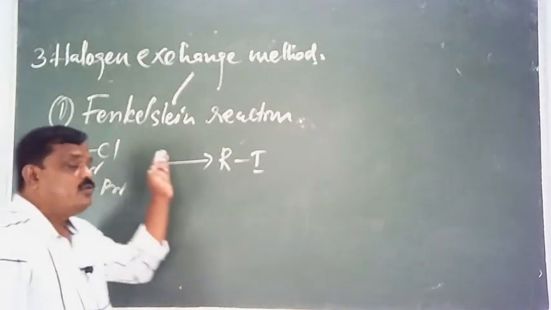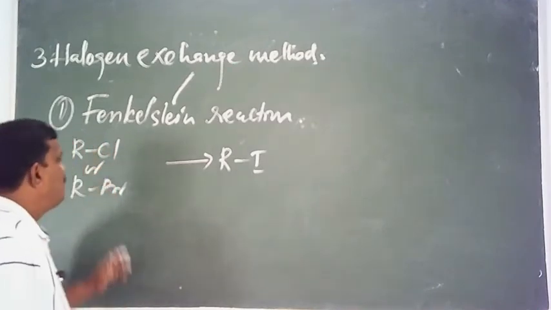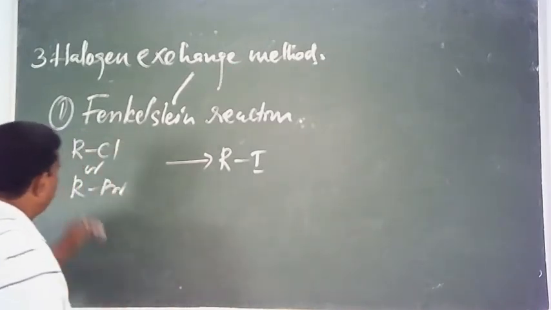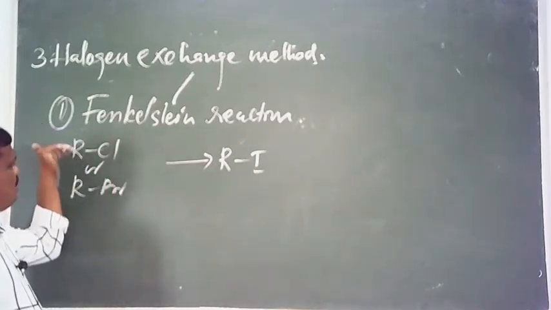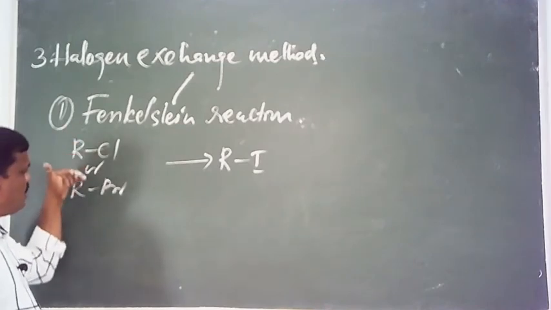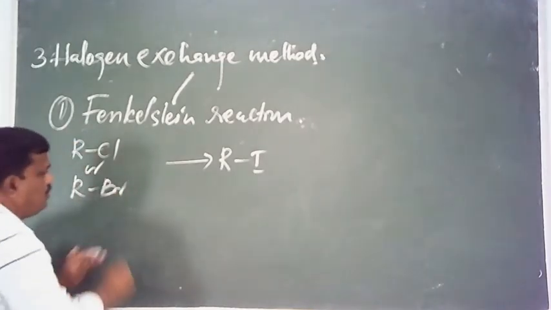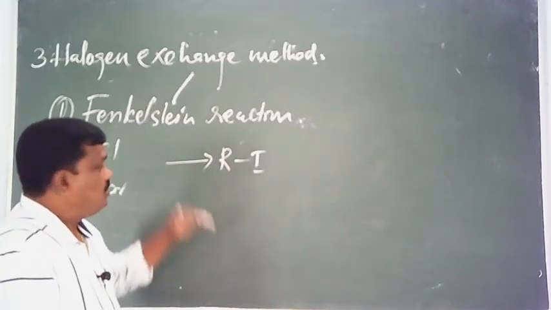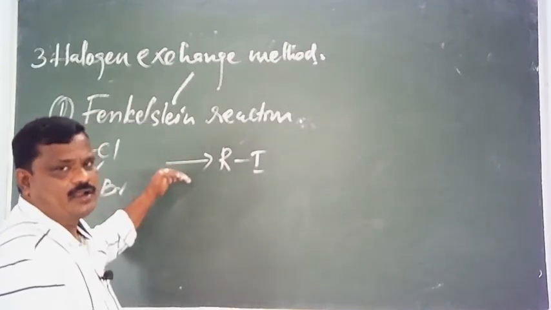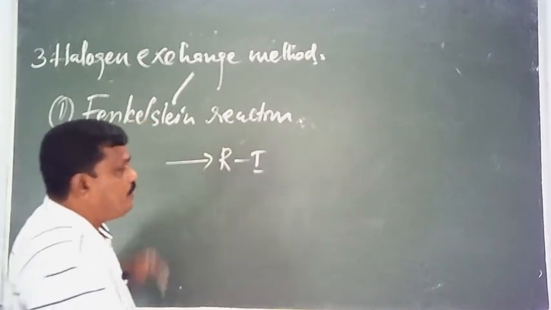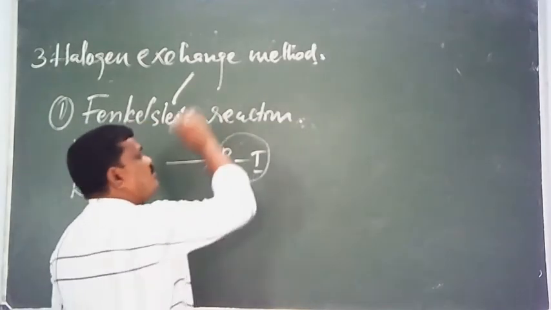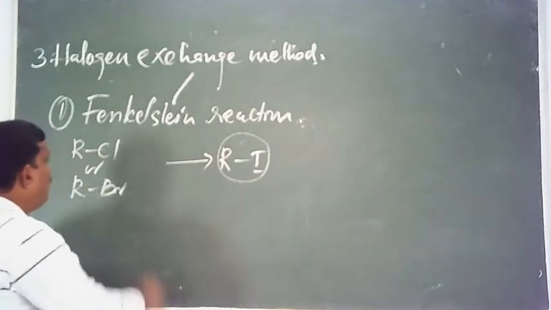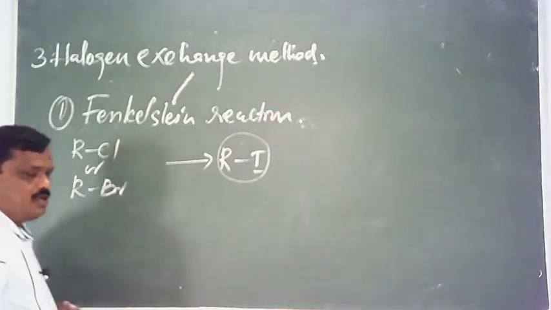See here, what we do in Finkelstein reaction: we convert alkyl chloride or even alkyl bromide into alkyl iodide. This should be kept in mind. Finkelstein method is used to prepare alkyl iodide from alkyl chlorides and alkyl bromides.